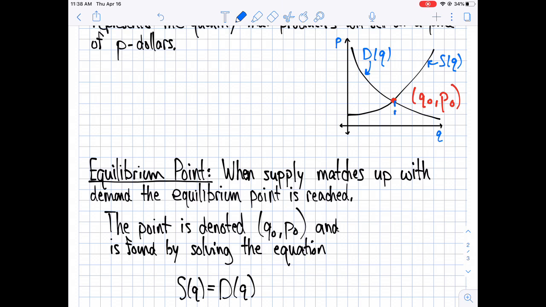Those are what we are very interested in. Often in markets you're going to want to find that equilibrium point, because that's essentially the point where both the suppliers and the consumers are content with the price point. And ideally all of the quantity that is being produced is also being consumed.